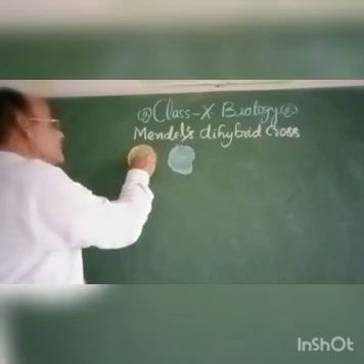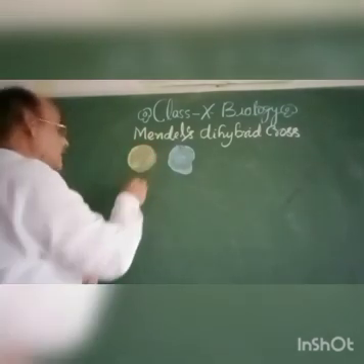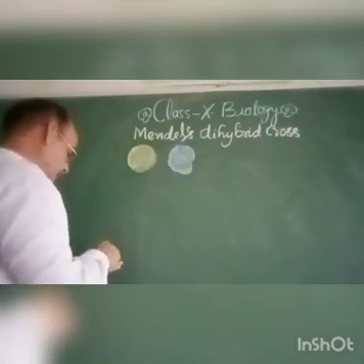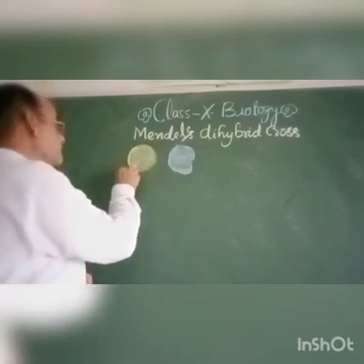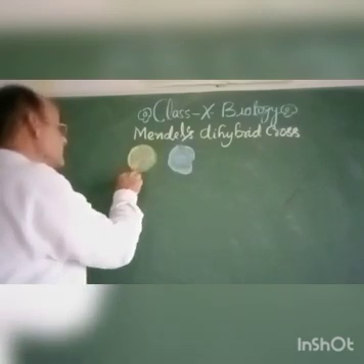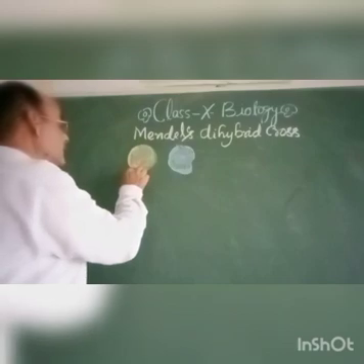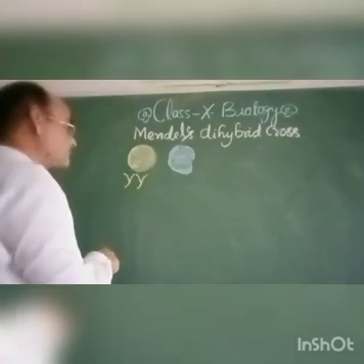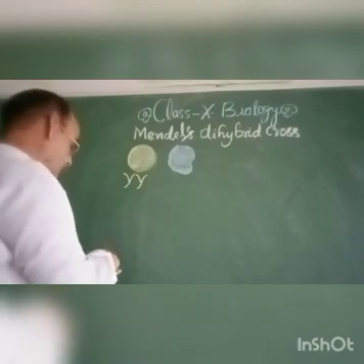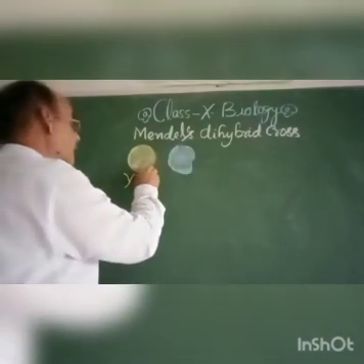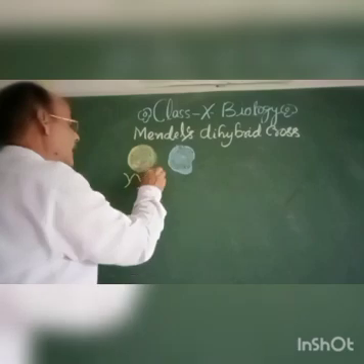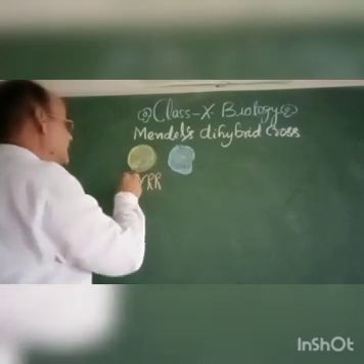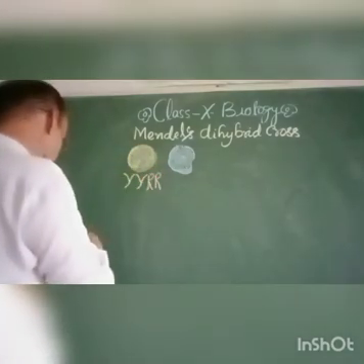Yellow and round means capital Y, capital Y, and capital R, capital R. This is yellow and round.